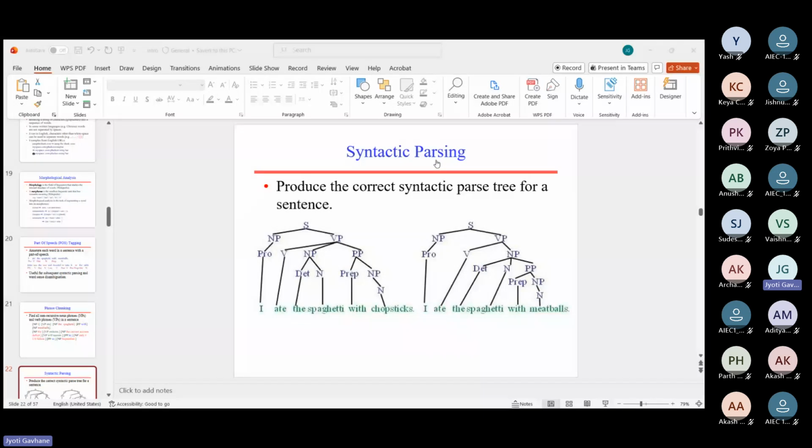So I'll revise yesterday's contents so that those who were absent yesterday will understand what we covered. Yesterday we saw the introduction of NLP, and after that we saw the different domains where you are going to apply NLP.